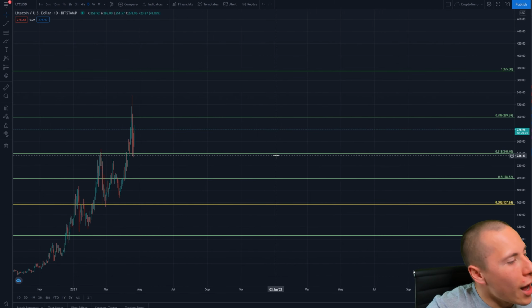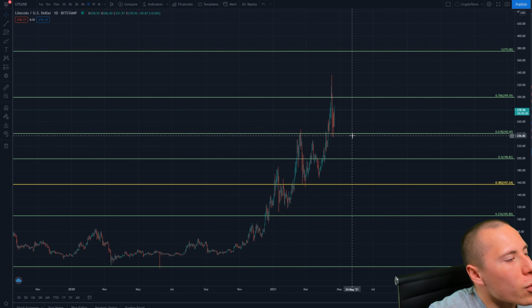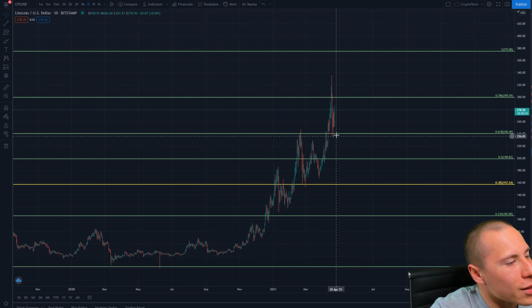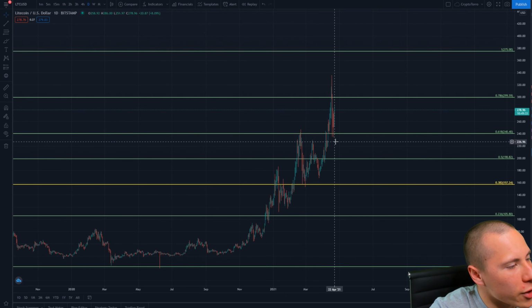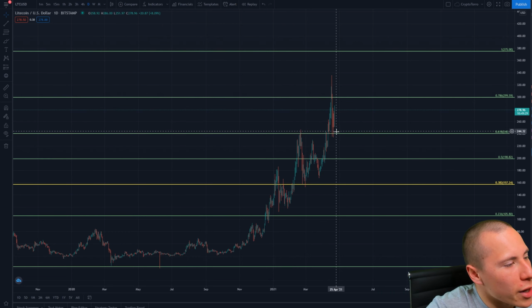You always have to do this very precisely so you can obtain the most accurate information. So as you can see, Litecoin is trading on previous resistance, and right now it became support right over here. This is very important, that Litecoin didn't break through this previous resistance and just used it as a support line.